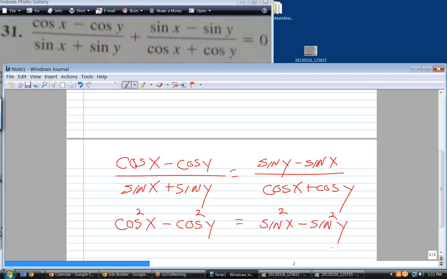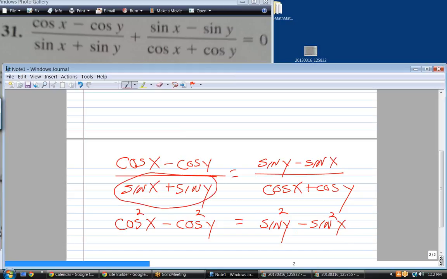Yes, I realize that. Okay. And now if I move, let's see, I want the sine. Actually, I think I did this wrong. It's sine of y squared minus sine squared of x.